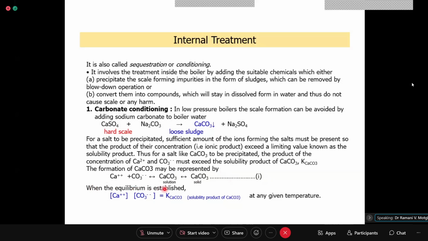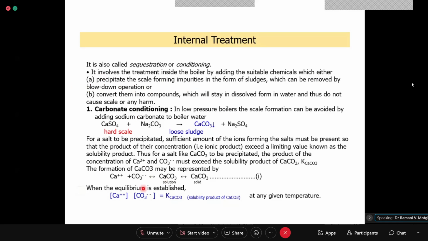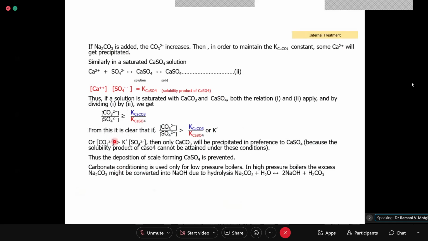When the equilibrium is established, you will find that this is calcium sulfate. Now consider that water is saturated with both calcium carbonate as well as calcium sulfate. In such a condition, if you add a little sodium carbonate, it will maintain the concentration of carbonate ion higher.